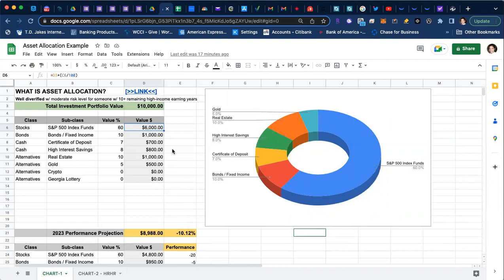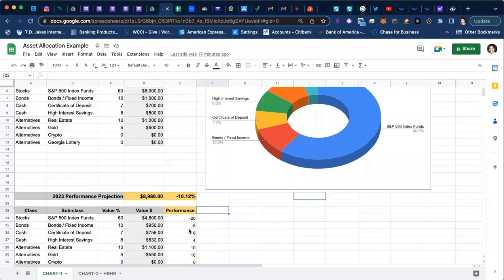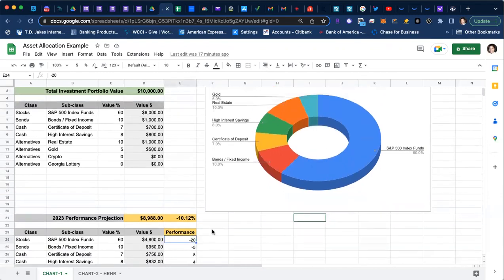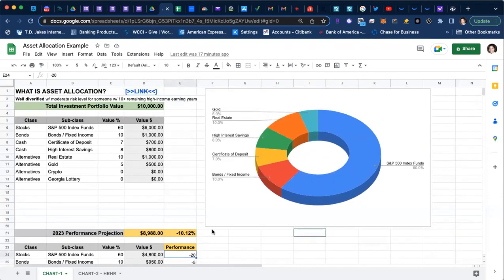In this case, this is intended to be a moderate risk level, so we have most of our investment here. But we hedge it with other investments so that we could reduce the loss should it happen. So that's the first example here.